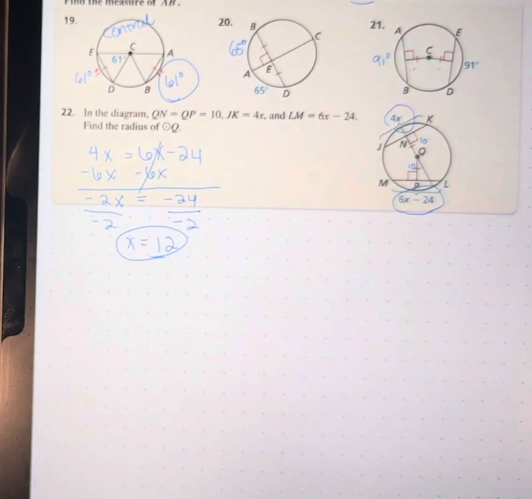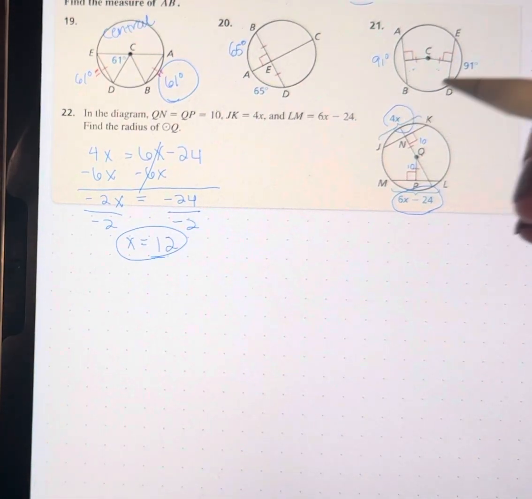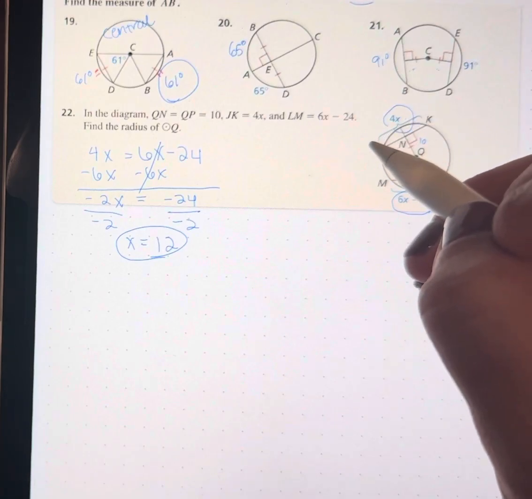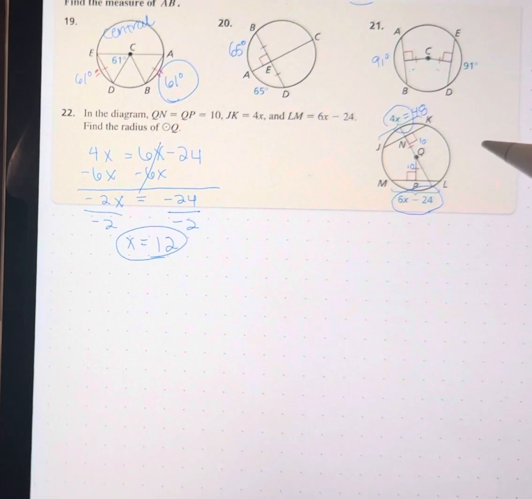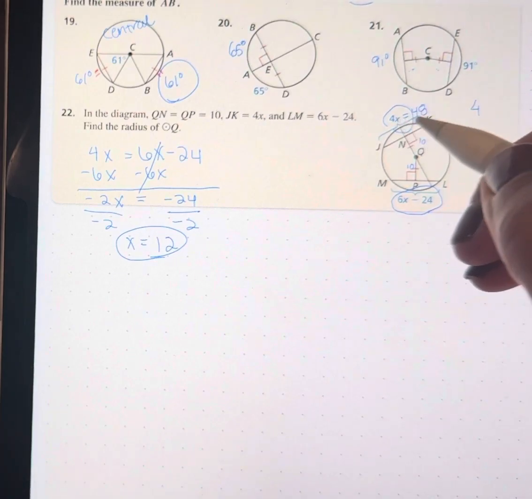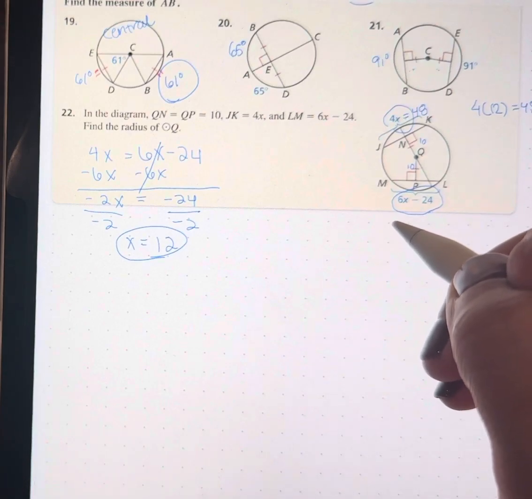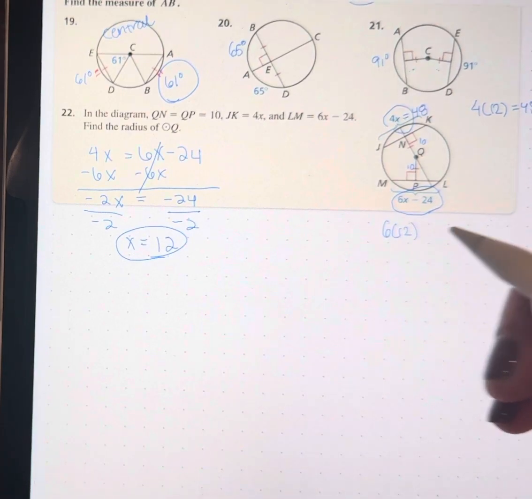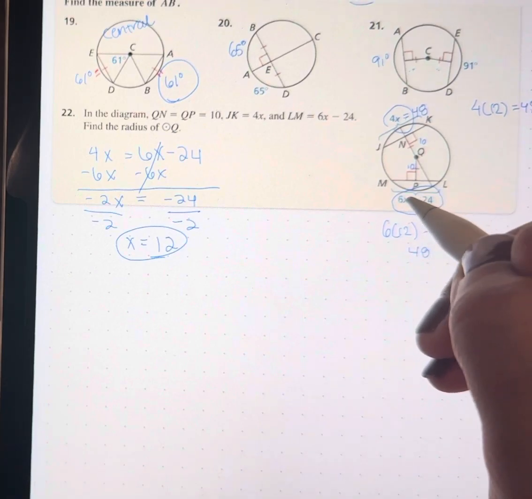Okay, now we got x. What the heck does that mean? If we were to plug x back in, we get that these chords are each 48, because 4 times 12 is 48. And down here, 6 times 12 is 72, and then minus 24 is 48. So these two chords are 48.